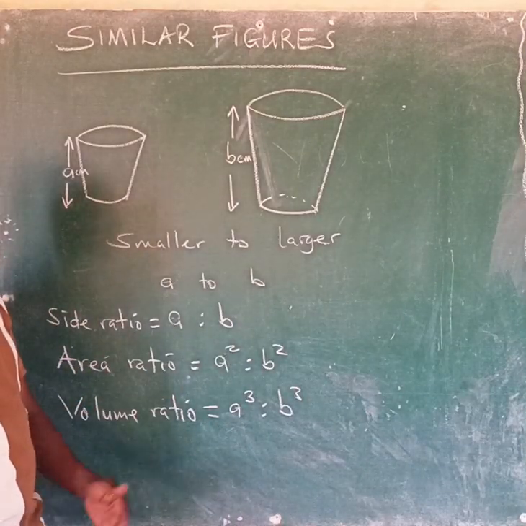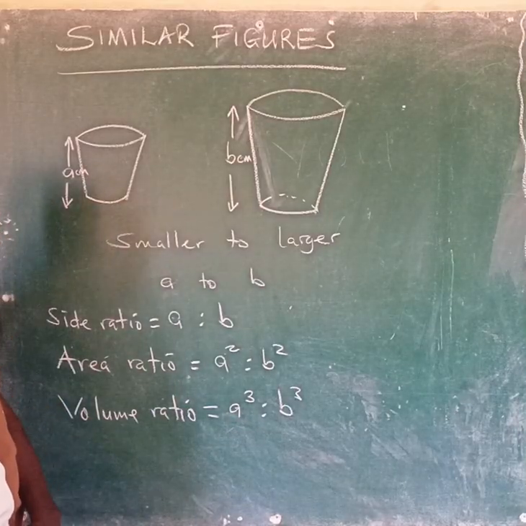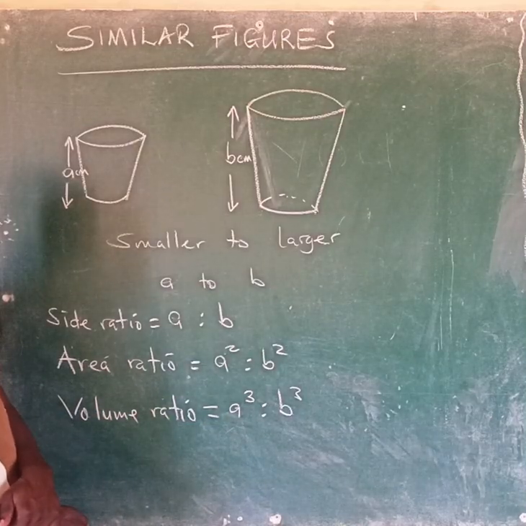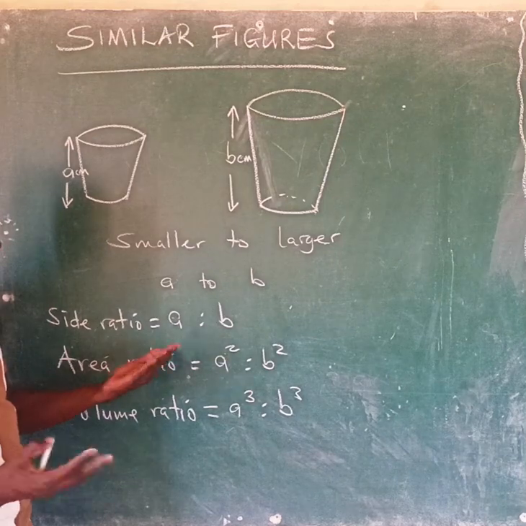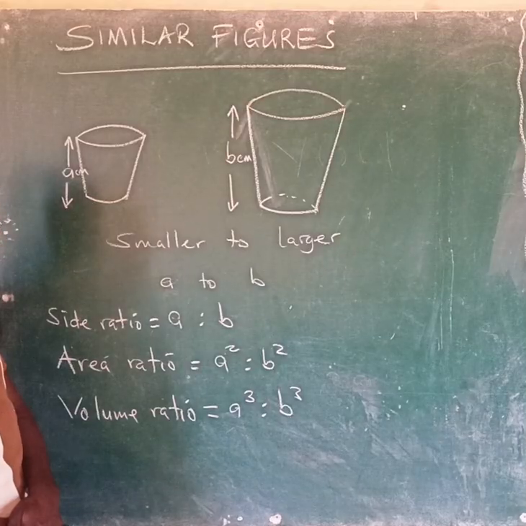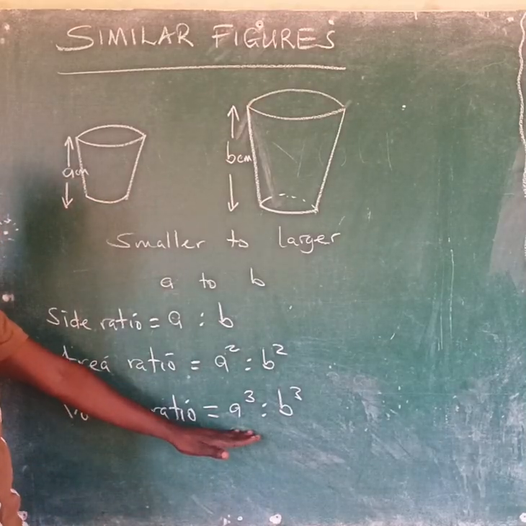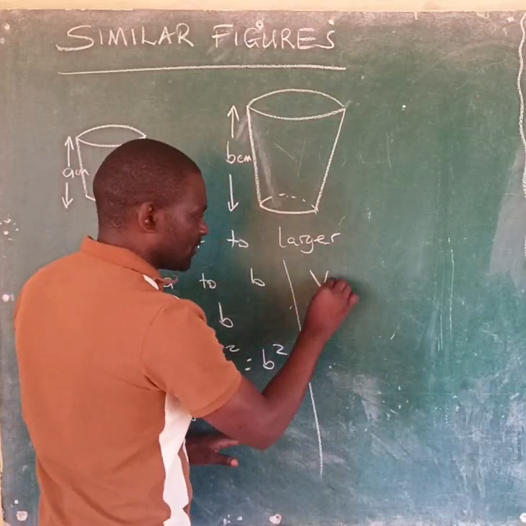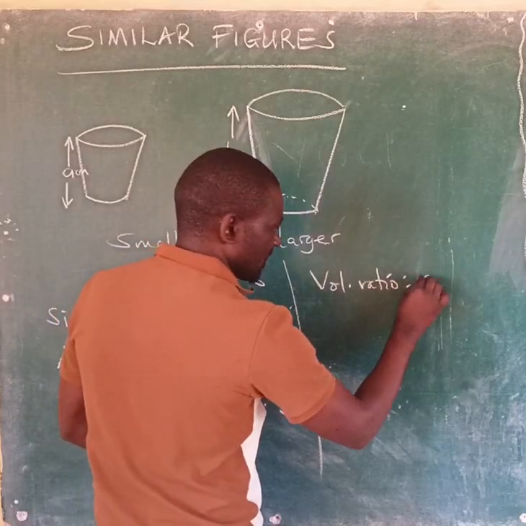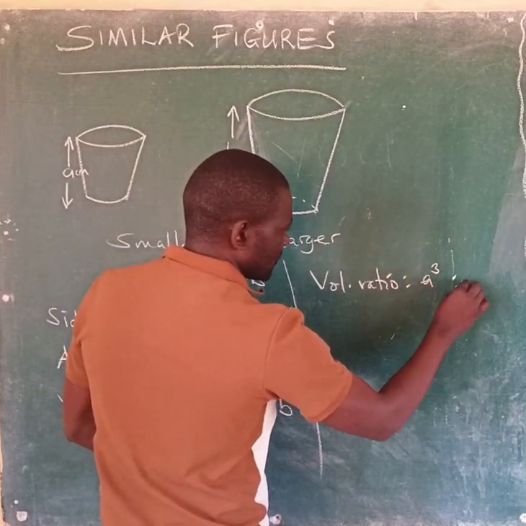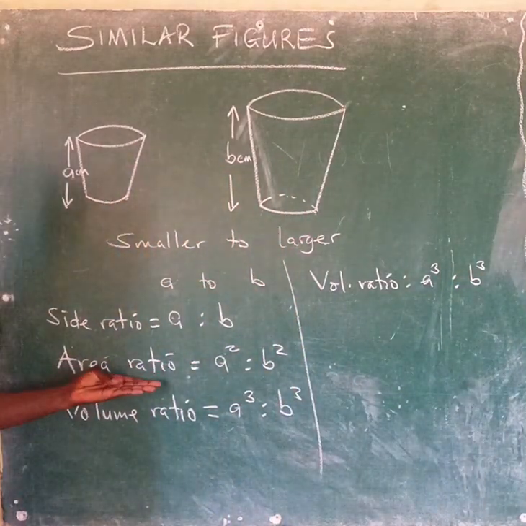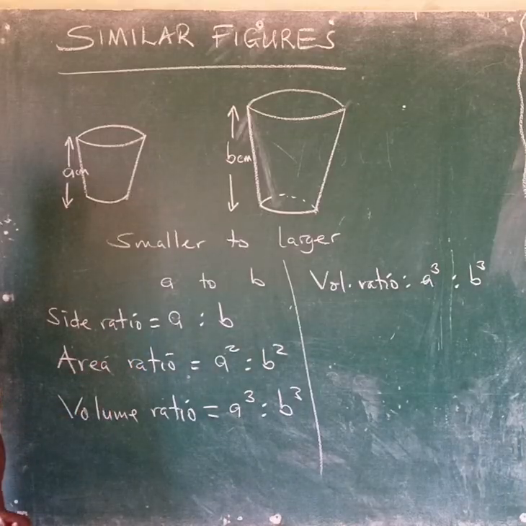Now there are times when you can be given, let's say, the volume ratio, and then they want you to find the area or the surface area of the base or something, given the surface area of another similar figure. So if we are given volume ratios, in this case A to the power 3 to B to the power 3, and we want to find the area ratio, first of all, we need to find the side ratios.